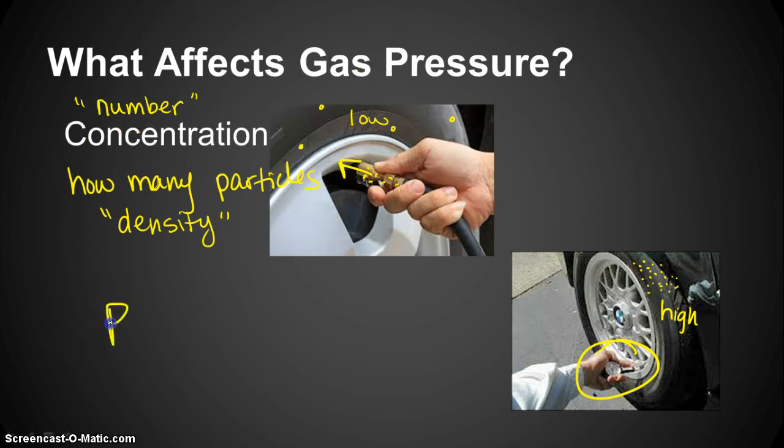So once again, pressure is proportional to the concentration. Now, a way that we talk about concentration is we use n. n actually stands for the number of moles. But in this case, we're going to talk about concentration. And it turns out that it is also proportional, because as the concentration or as the number of particles goes up, so does the pressure, and vice versa.